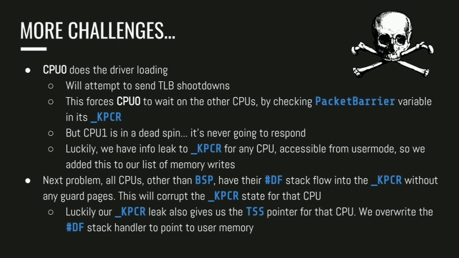The reason for that is related to APIC priority types of interrupts. CPU 0 would be the only one that could respond to disk interrupts. So CPU 0 had to do the driver loading, while anything other than CPU 0 could run the actual write-what-where stuff. What that means is that this particular vulnerability requires more than one CPU, which most computers today have.